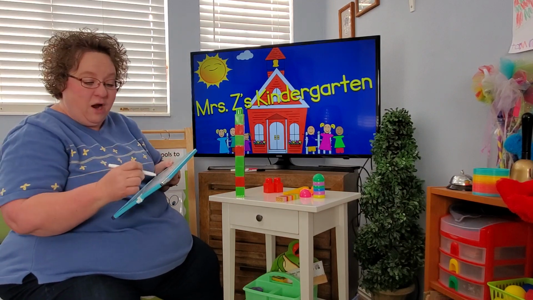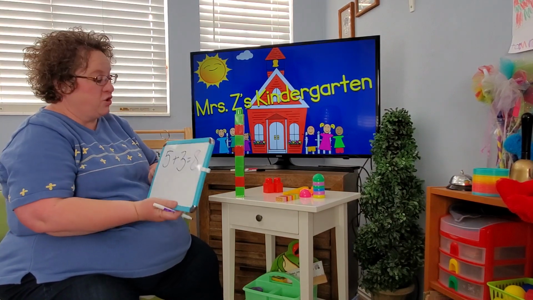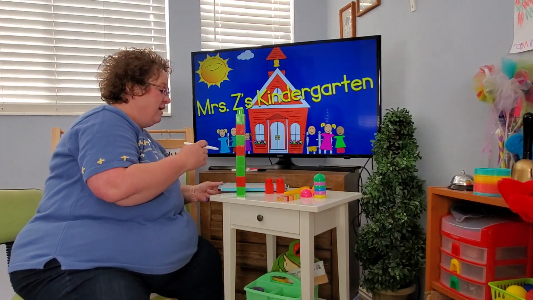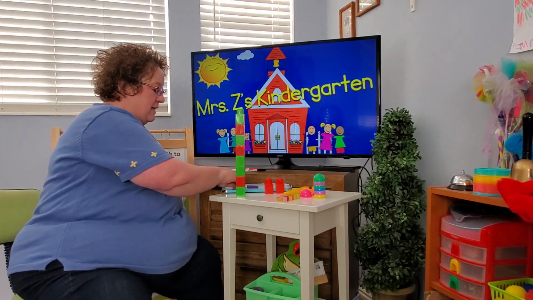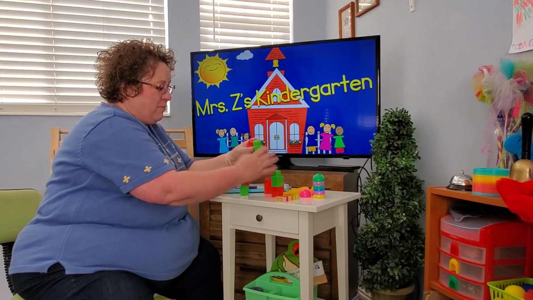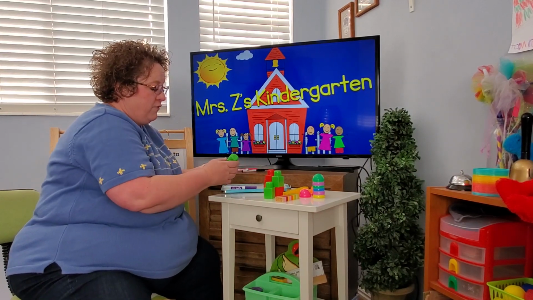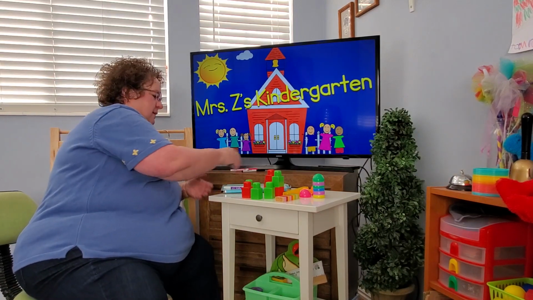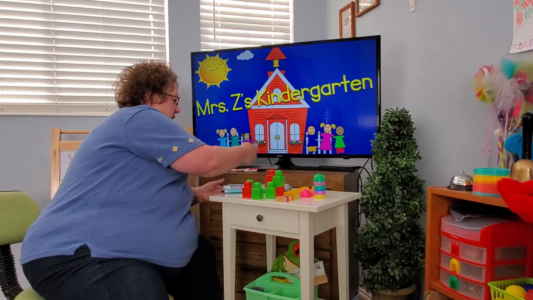I used the tower to show me how if I start with 5 blocks, add 3 more blocks, that I'm going to get a tower of 8 blocks. Great. When I'm done, I always like to kind of take them apart so that I can be ready to go for the next problem. Get this erased. Thanks, guys. And let's try another one.